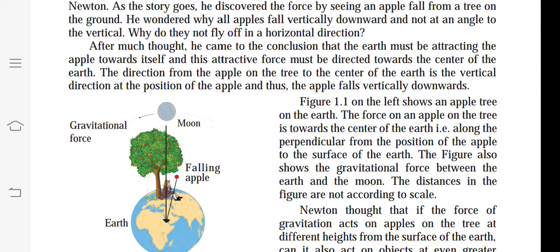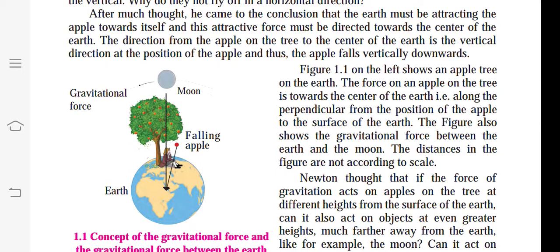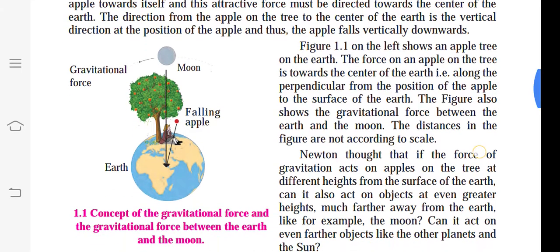So he came to the conclusion that this is due to the force applied by the earth on the particle, and that force is nothing but the gravitational force. The direction from the apple on the tree to the center of the earth is vertical at the position of the apple, and thus the apple falls vertically downwards. Okay, so that apple falls on the earth and that direction is vertically downwards.